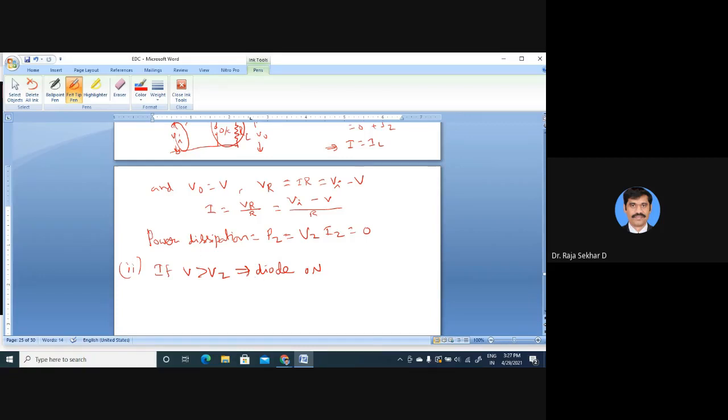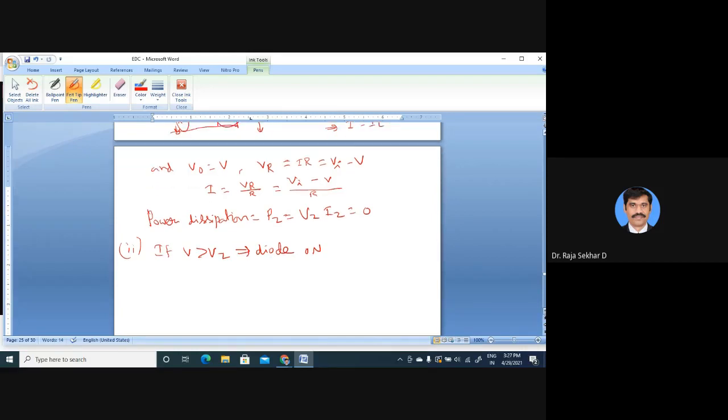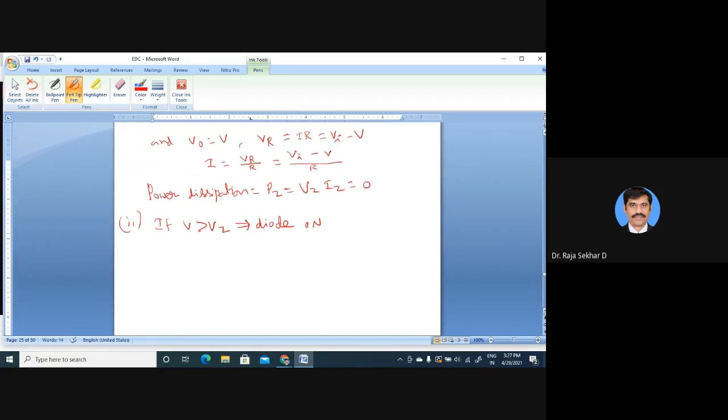So when breakdown occurs, what is the status of the circuit? Here we have Vz and RL.